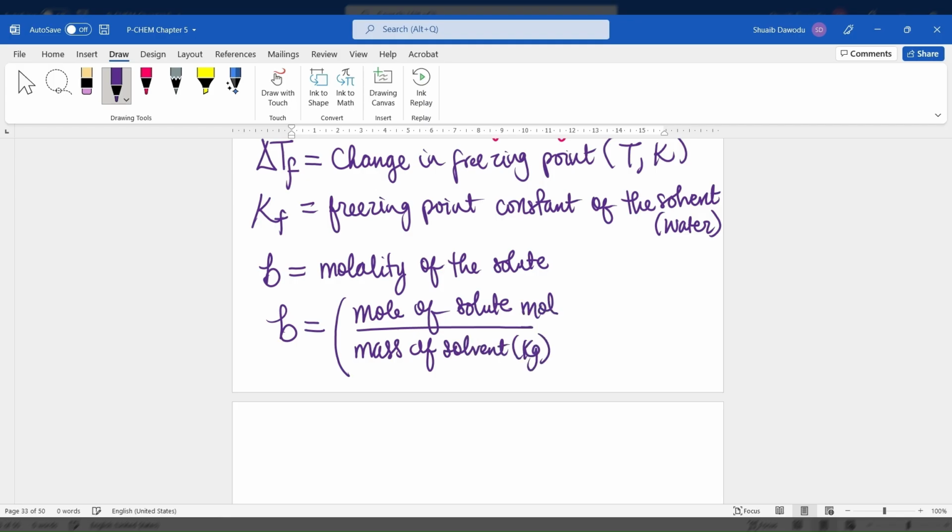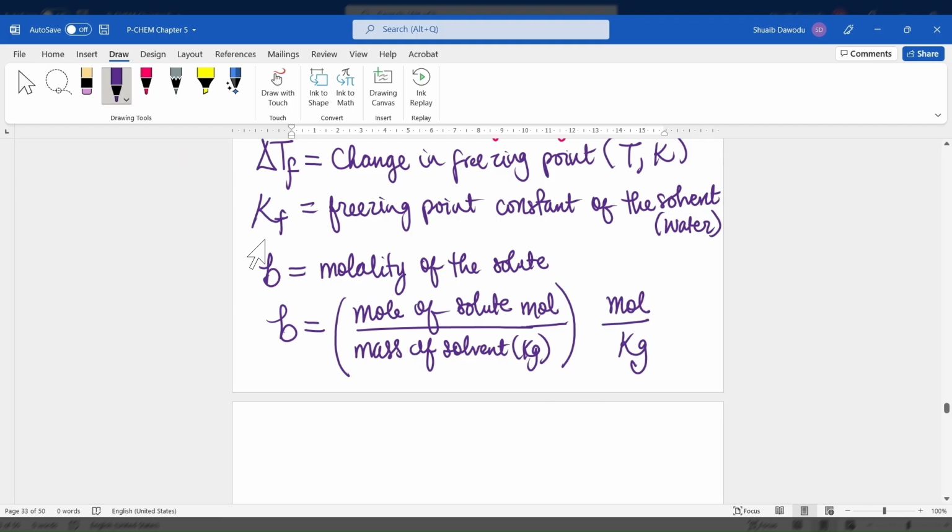So the moles of solute divided by the kilograms of solvent. The unit is usually mole per kilogram.